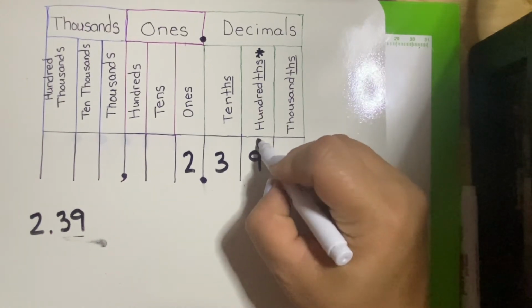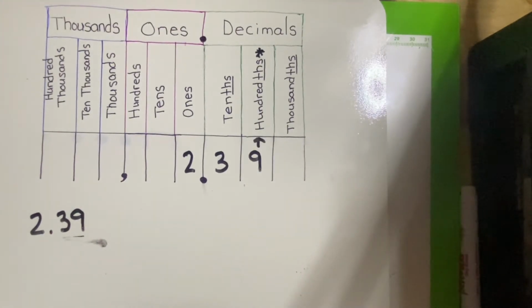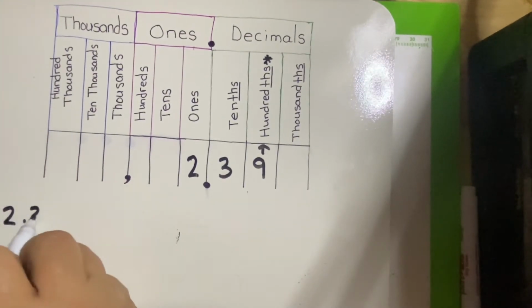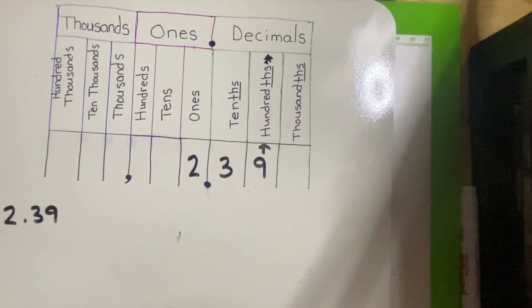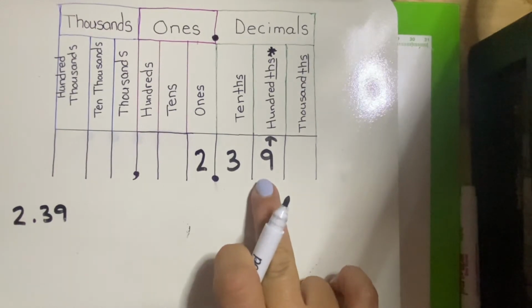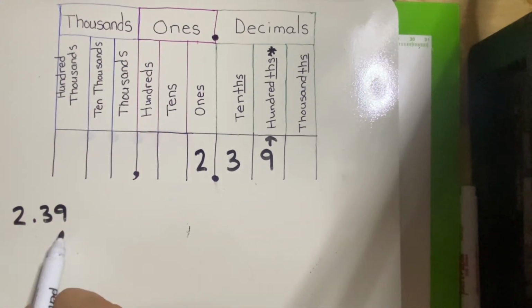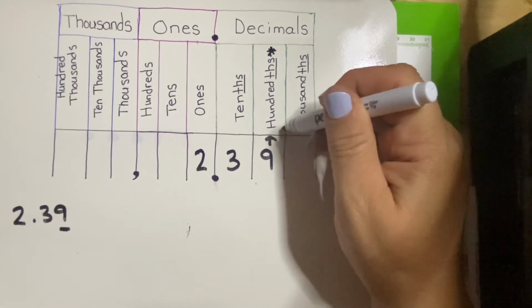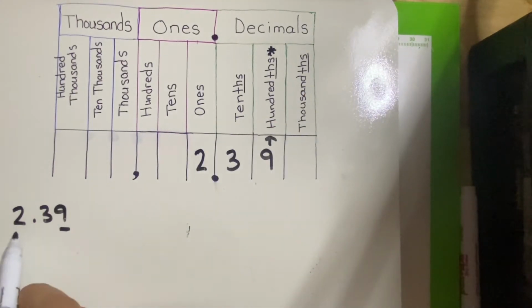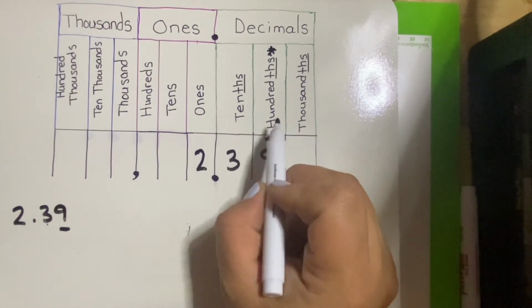For 2 and 39 hundredths, you're looking at the digit that the number ends in. That's the furthest to the right. And that spot on the place value chart is my hundredths spot. So I'm going to say 2 and 39 hundredths.